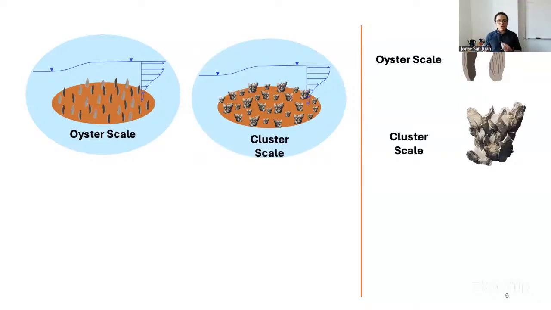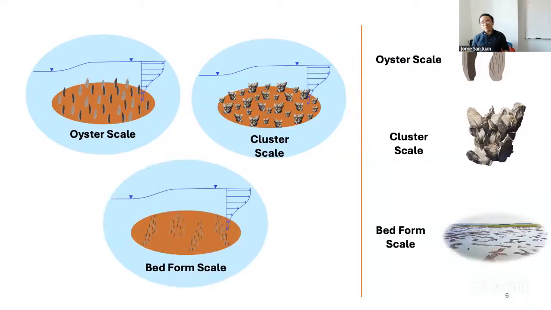I mentioned earlier that they grow attaching to each other. As the oyster reefs mature, they start to clump into clusters. So you can imagine that the type of resistance that they impose into the flow is going to be different. Or we can find these very large structures that connect in long ridges, which are more related to bed form.